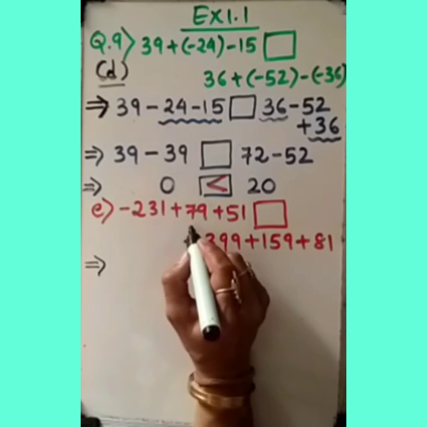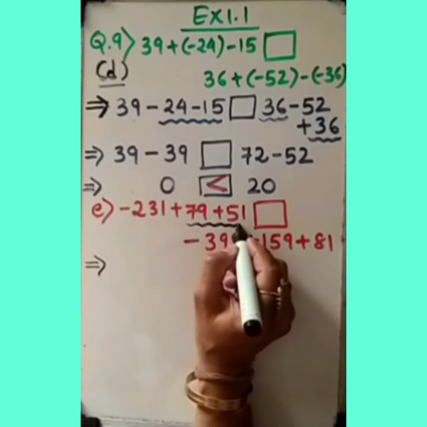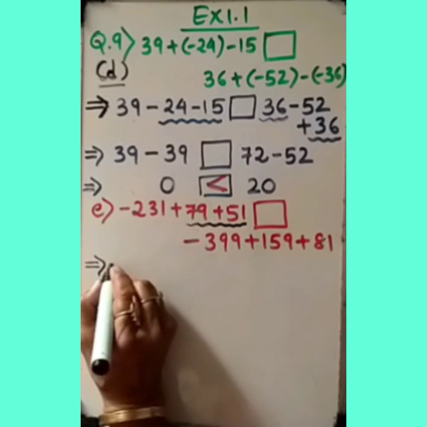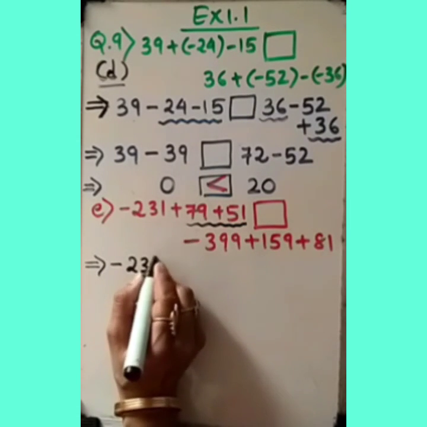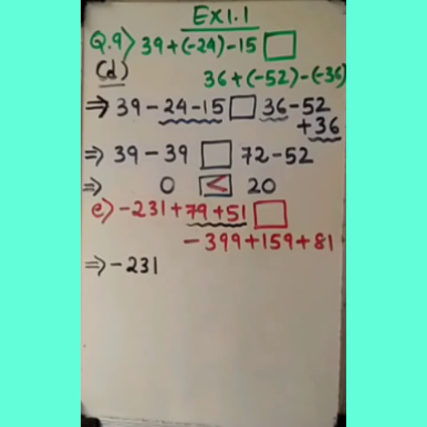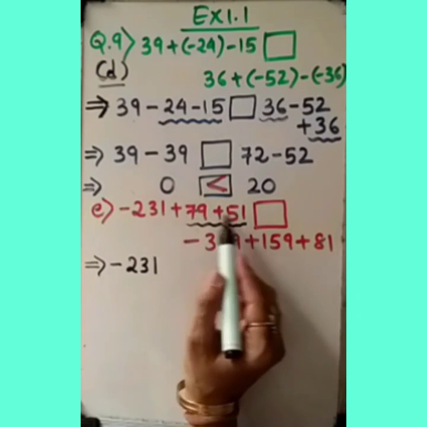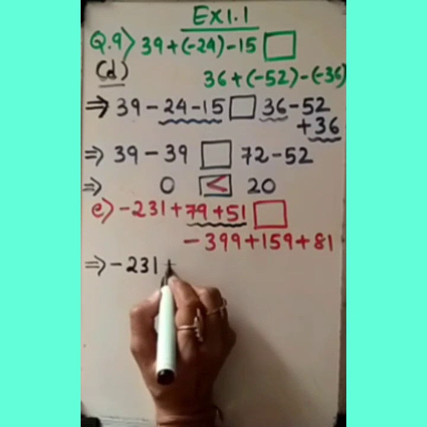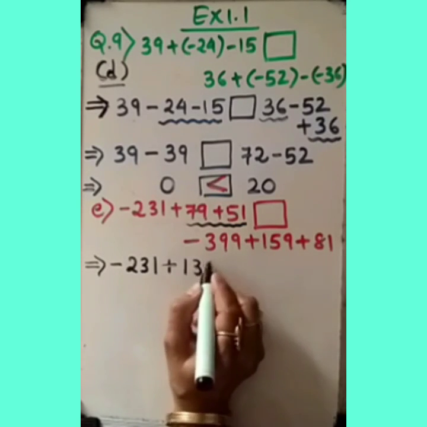Now here you can see these two terms are connected with a positive sign. Okay, so let me write this negative alone, minus 231 first, and now I am going to add both of these numbers. So what will be the sum? If I add this, I will get 130.